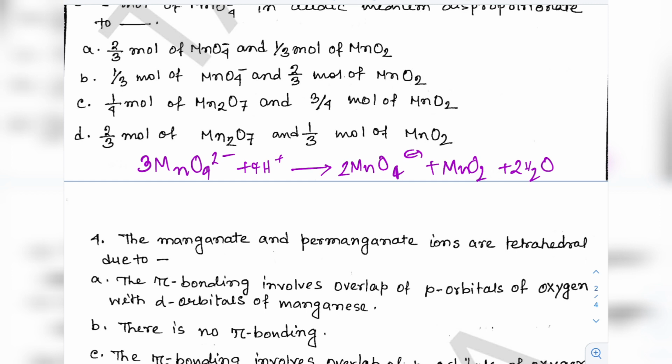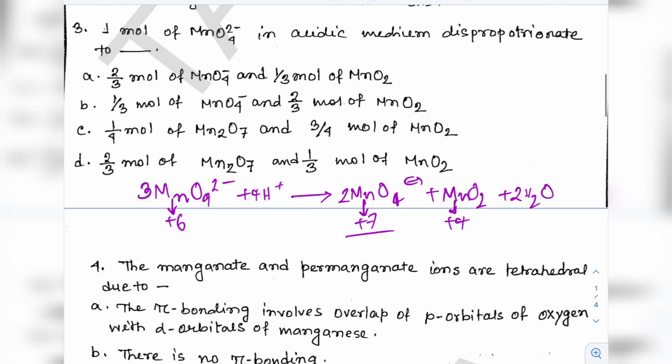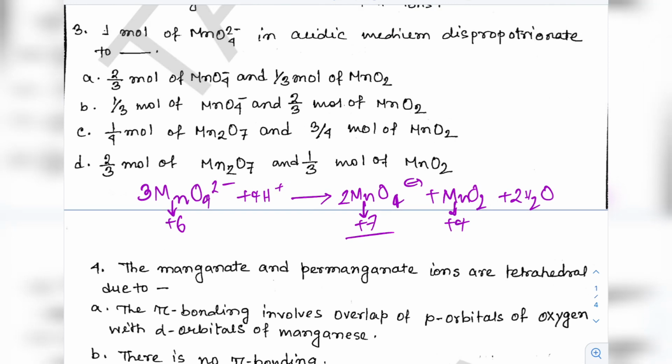This is a disproportionation reaction. Manganese here is in +6 oxidation state. In MnO4 minus, it is in +7 oxidation state, increasing, and in MnO2 it is in +4.